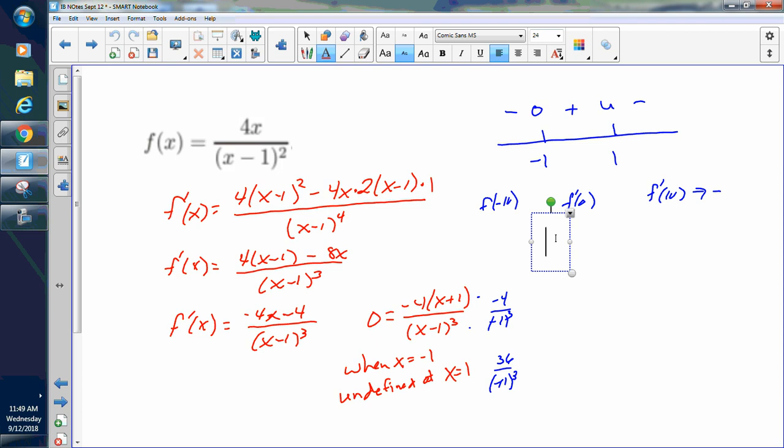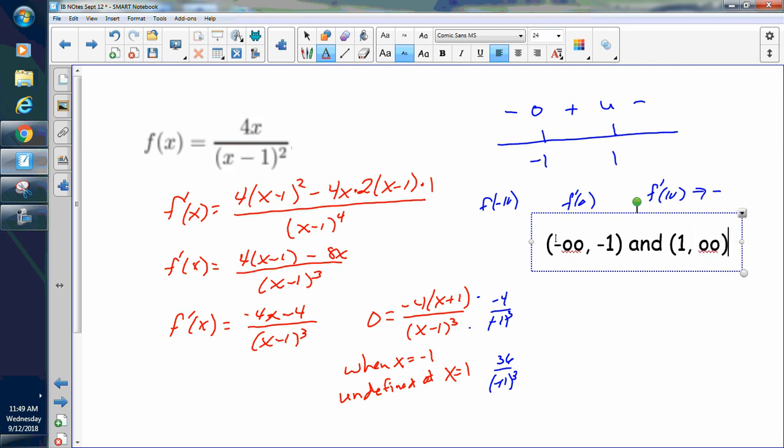That's going to increase from, who knows what the symbol is, negative infinity, whatever shows up, to negative 1. And also from 1 to infinity.